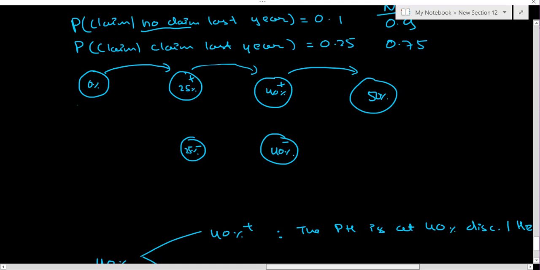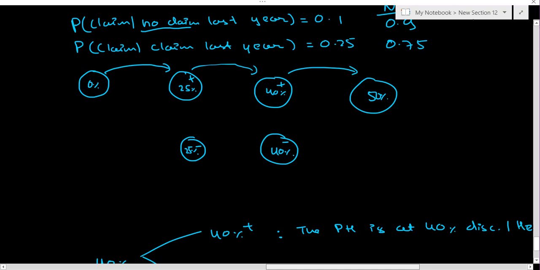Similarly for 0% level of discount, it is sure that you had made a claim last year, because if you did not, you would have moved up. One exceptional case you can think of is 0% level of discount if you are a new policyholder. A new policyholder begins at 0% level of discount, and that does not mean that he made a claim last year or he did not, because he did not have a last year.